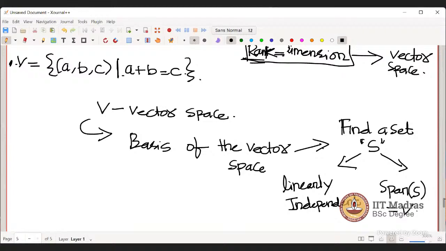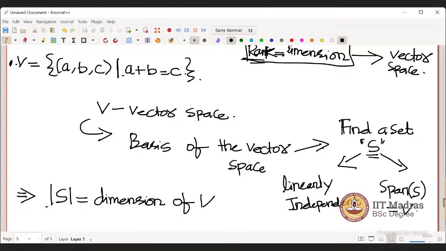Yes, sir. So you need to find a set S so that you can write all the elements of V as a linear combination of the elements of the set S, and as well the set is linearly independent. So the cardinality of that set S is basically the dimension of V.